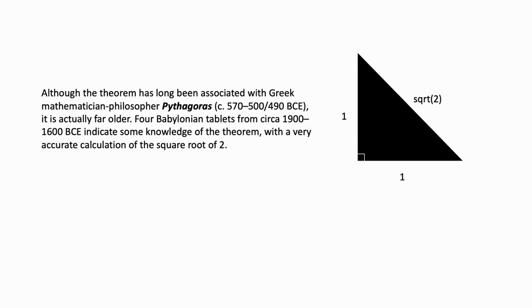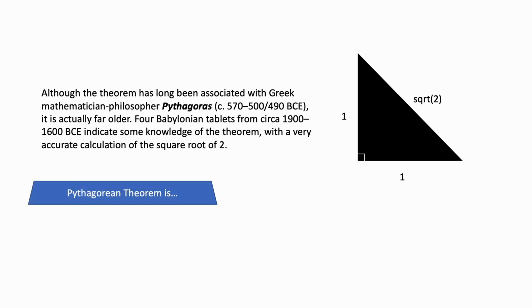Four Babylonian tablets from circa 1900 to 1600 BCE, which is about 1,000 years earlier than Pythagoras, indicate some knowledge of the theorem. A very accurate calculation of the square root of 2, which is around 1.41, and the square root of 2 is actually the hypotenuse of an isosceles right triangle with leg length of 1.